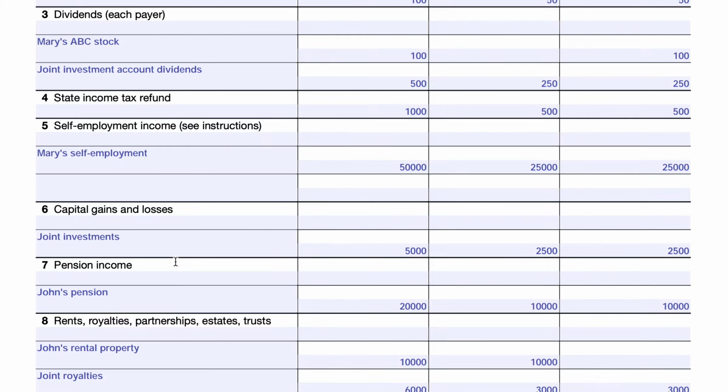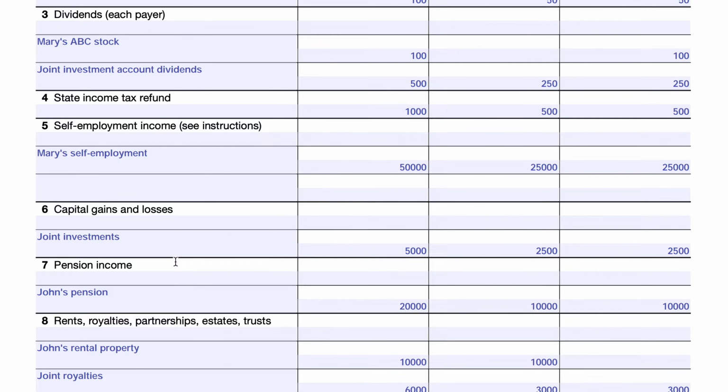So someone that's been married to the same person for 30 years living in California, their pension might be treated as community property, whereas if John had been receiving a pension before he married Mary, then he may continue to report that separately. But again, that might be subject to state law interpretation, so make sure that you talk with your CPA about that as it pertains to your specific situation.